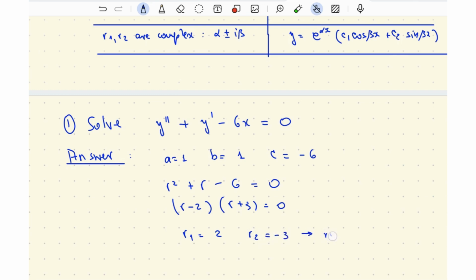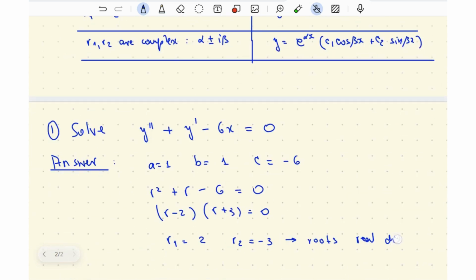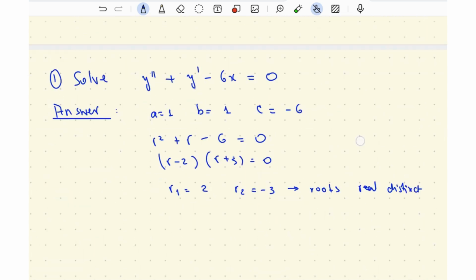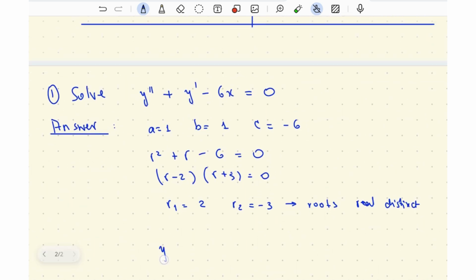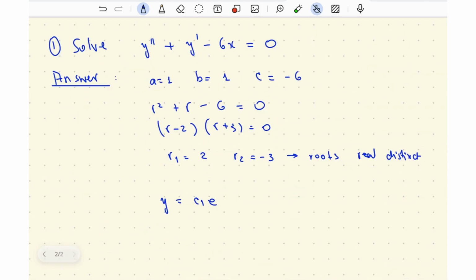Those are the roots, and they are real and different, so distinct. And if you look at the table, the general solution is y equals c1 e to the power 3x plus c2 e to the power minus 2x.